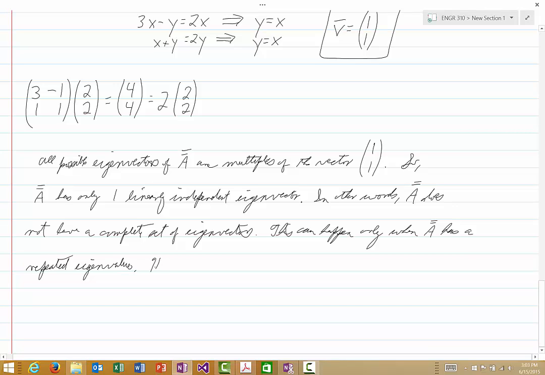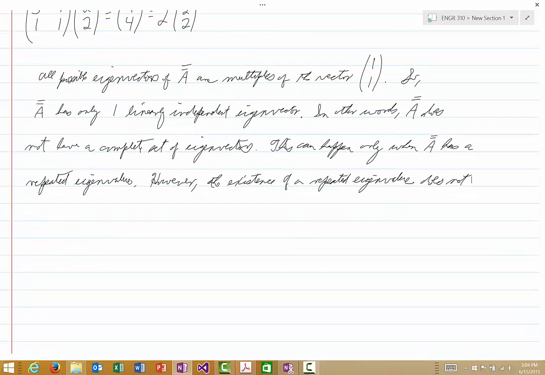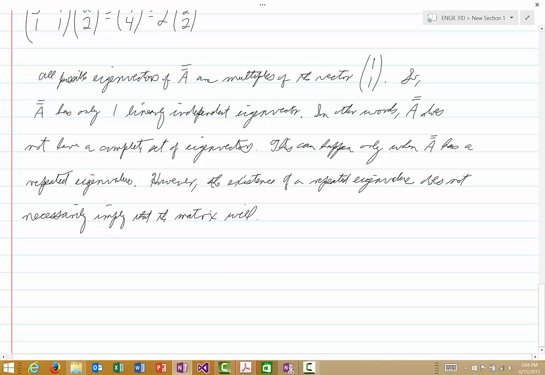However, the existence of a repeated eigenvalue does not necessarily imply that the matrix will not have a complete set of eigenvectors.